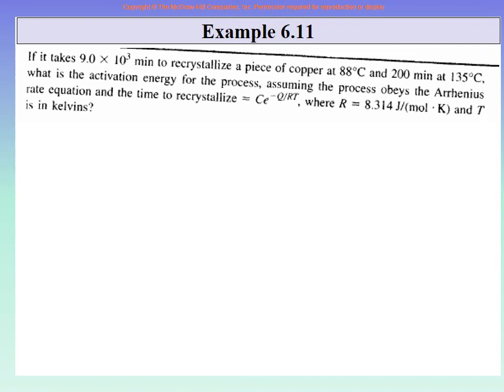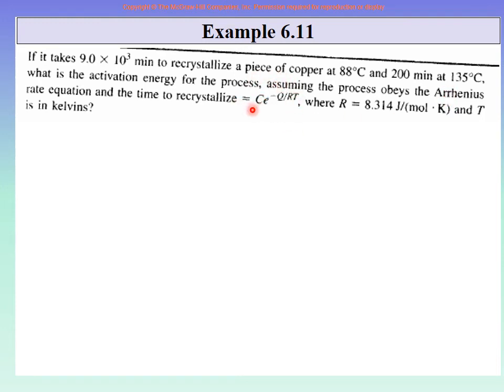So now they are saying, what is the activation energy for the process? We don't know the equation, but they are saying, assume that the process obeys the Arrhenius rate equation. Arrhenius equations are equations in thermodynamics and chemistry of this type: e raised to some power.